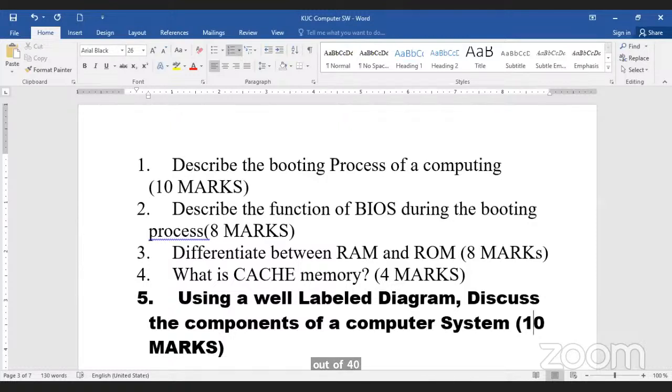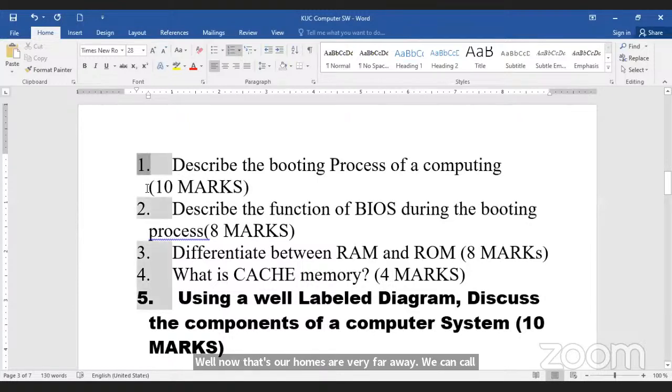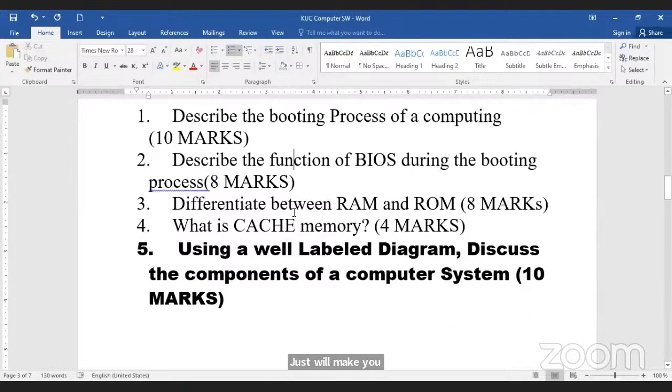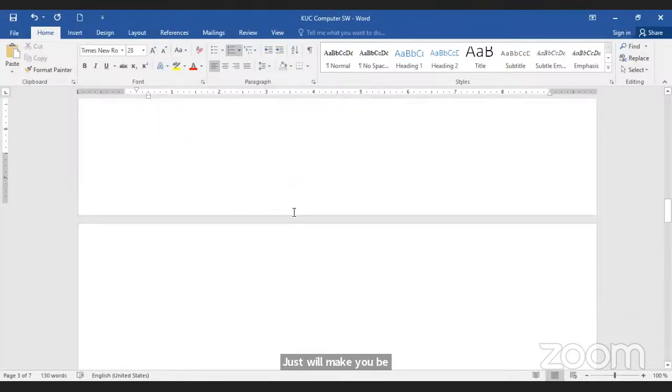And your friend will be able to mark this assignment. This is self-paced, we call it a homework. But now that our homes are very far away, we can call it a takeaway, just to make you conversant with the computer system.